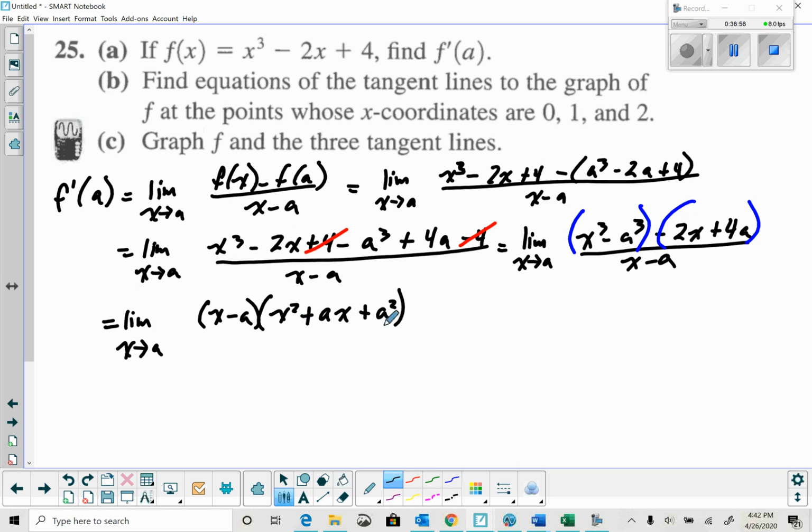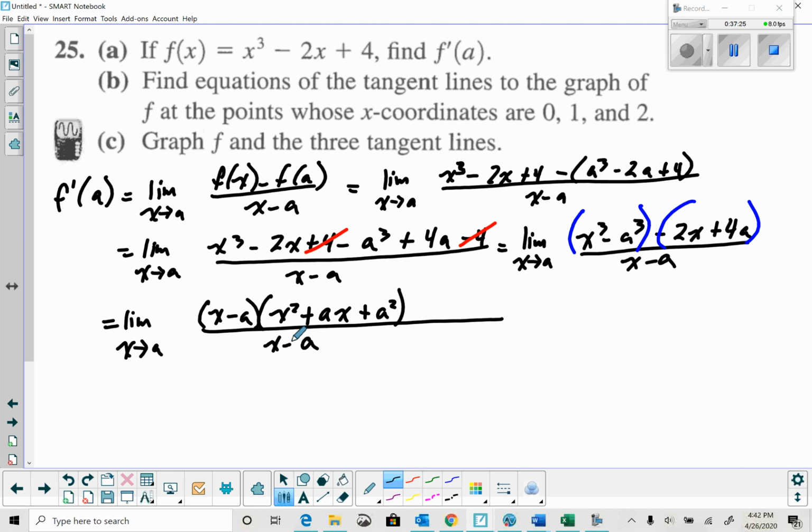So x cubed minus a cubed should factor down into x minus a times the quantity x squared plus ax plus a squared. Remember, it's the difference. The one and only negative term here comes in the middle of the binomial. Everything else is positive. And again, we're looking for that common factor of x minus a.